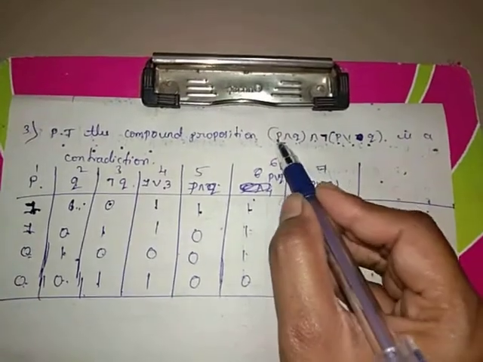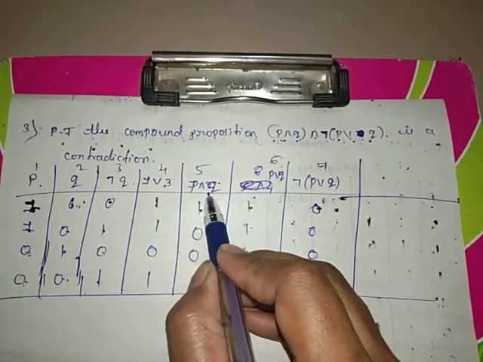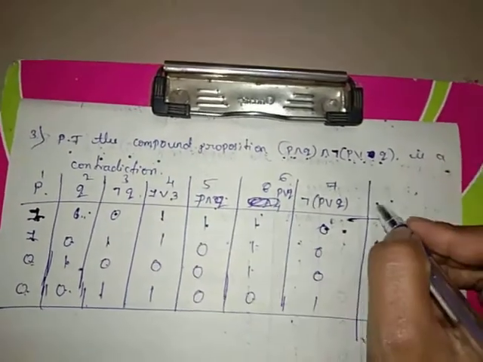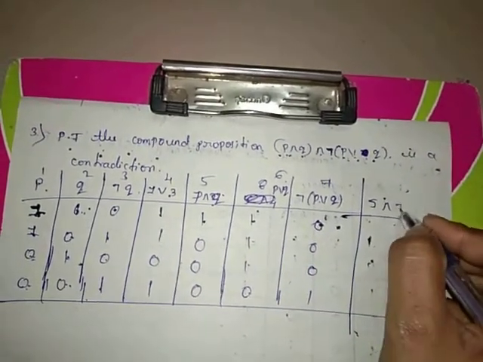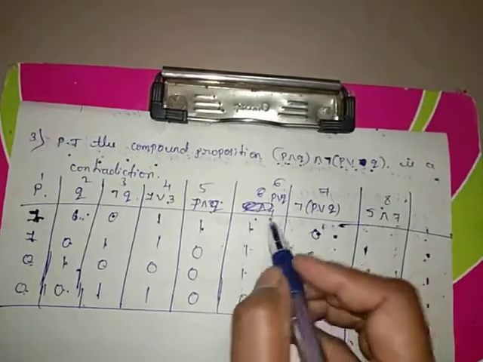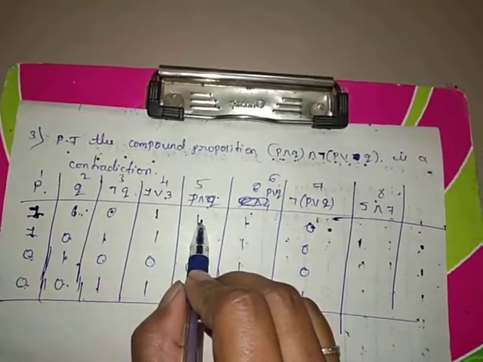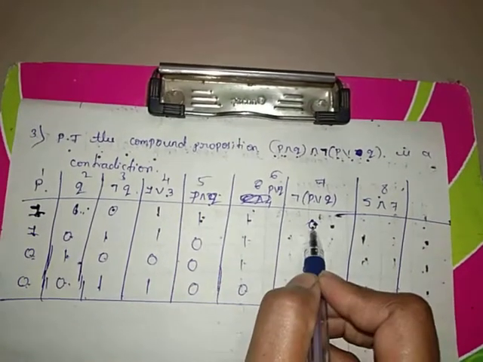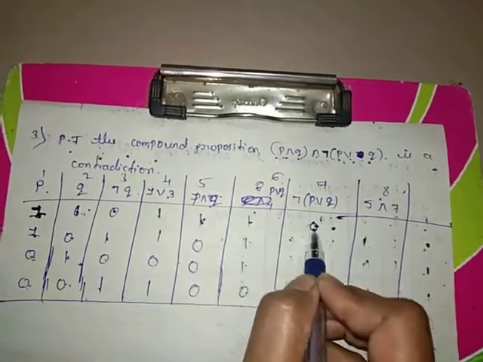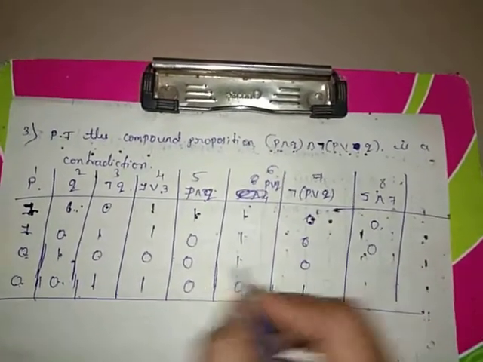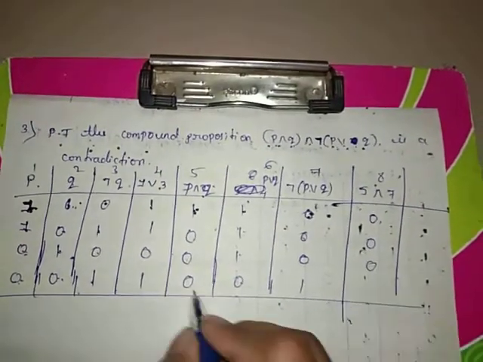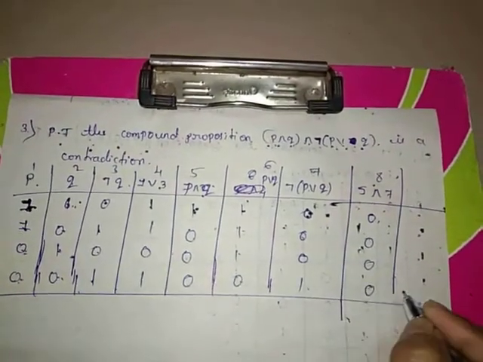Now P and Q, that is your fifth column, and negation of P or Q, that is your seventh one: 1 and 0 is 0, 0 and 0 is 0, 0 and 0 is 0, 0 and 1 is 0.